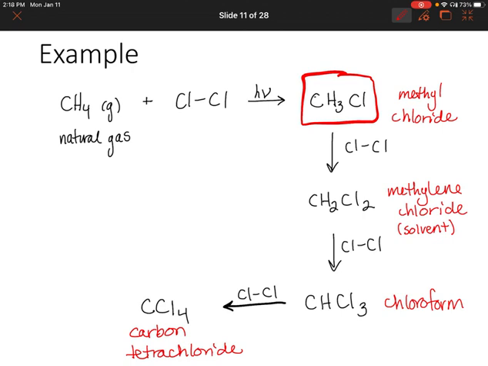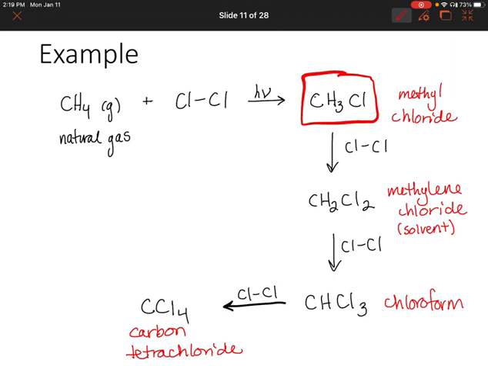So you can assume if I write CH4 plus Cl2, that you're just going to end up with methyl chloride. But if I add more and more chlorine, then we could end up with these other products. So just be careful with how much chlorine or bromine you add to your reaction.